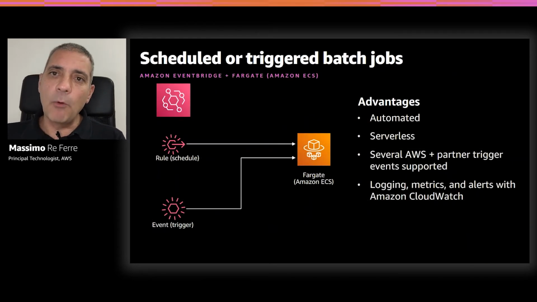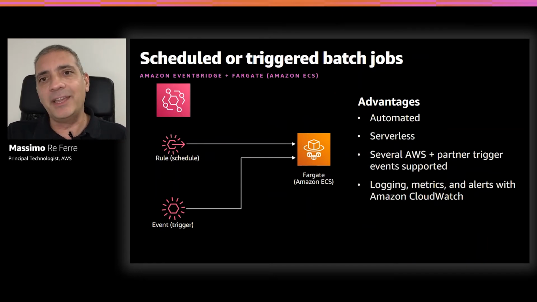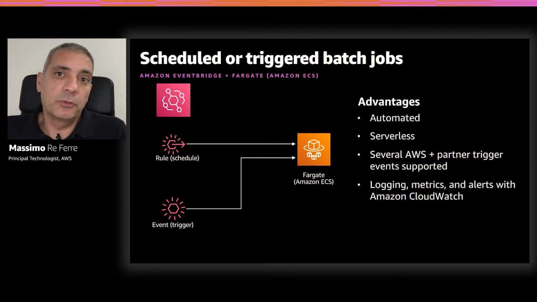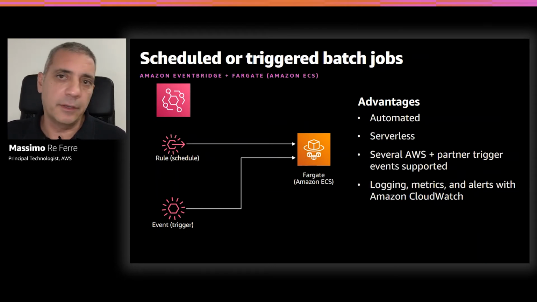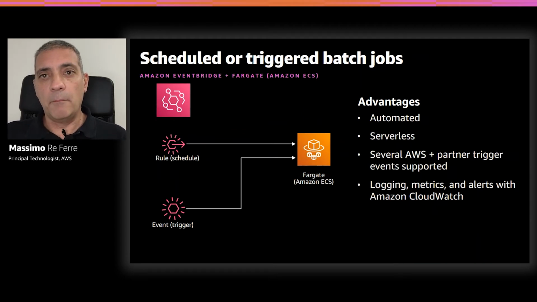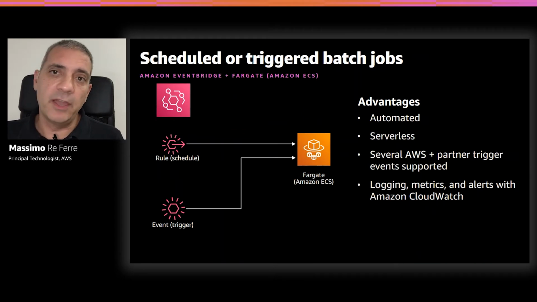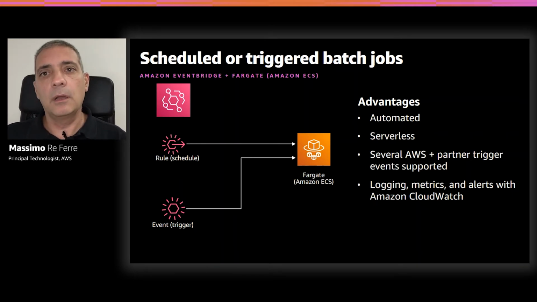So let's get now more into what customers are doing, starting from the very easy pattern, like I just want to, for example, schedule a cron job that runs every night at a given time, or based on a particular event. For example, there is a new file coming in on S3 that will trigger a batch job.